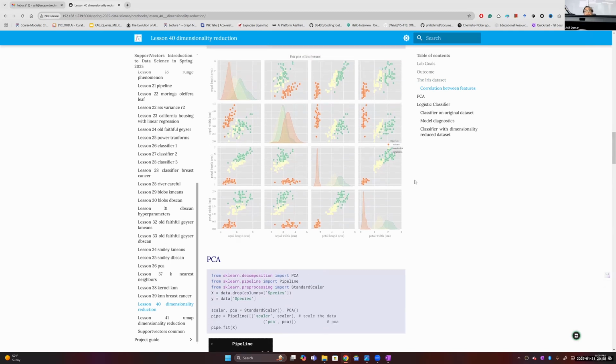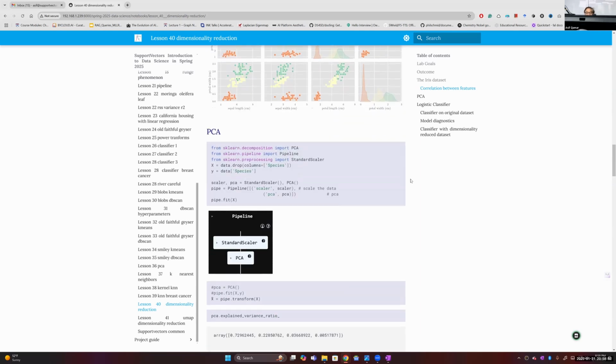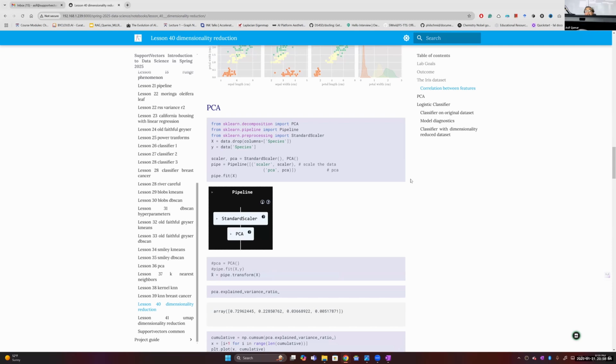So we will take this data set and ask ourselves, what happens if we take the 4 data points, the petal length, petal width, sepal length, sepal width, and do a principal component analysis of that. So you create a pipeline.